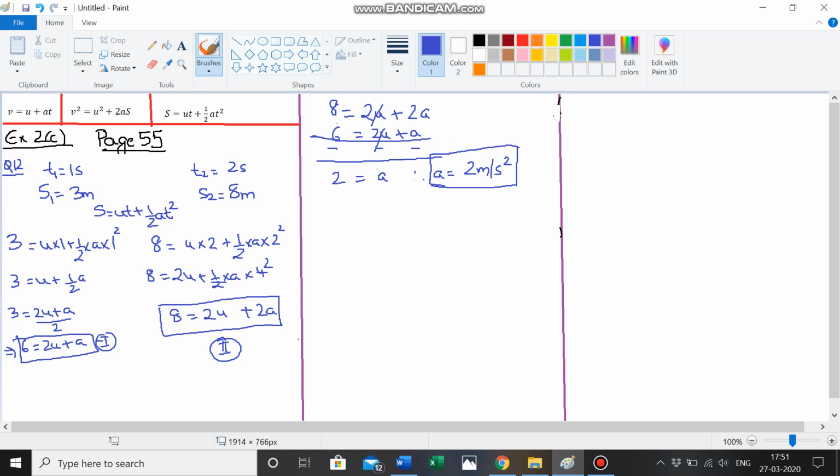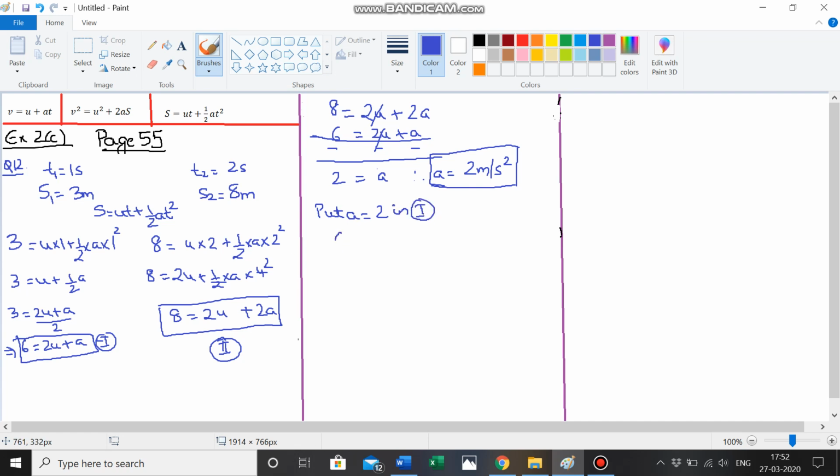I'm repeating, to solve a simultaneous equation, you need to ensure that one variable gets cancelled. So for that, you will have to either add or subtract. In this case, since 2u and 2u are same, I subtracted them so that u gets cancelled. I'm left with one variable. Now that we know one variable, put a is equal to 2 in, let's say, equation 1.